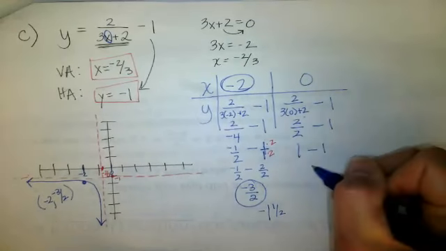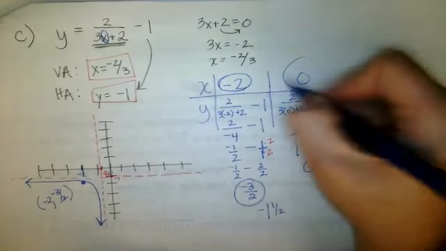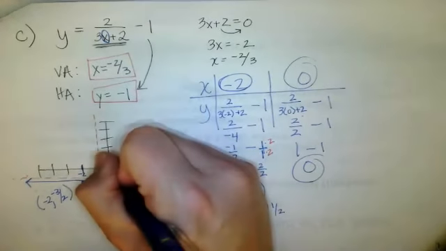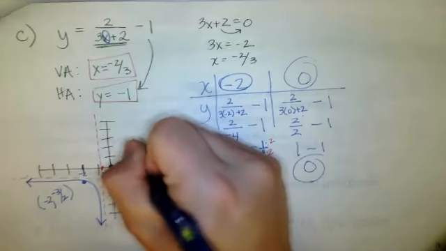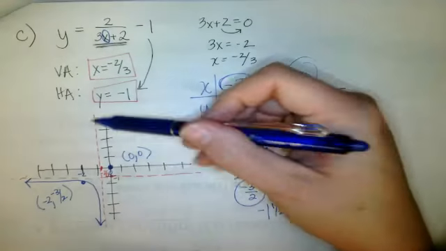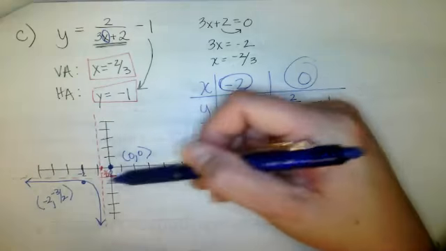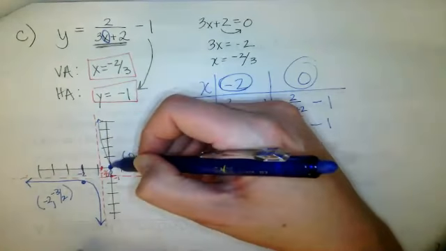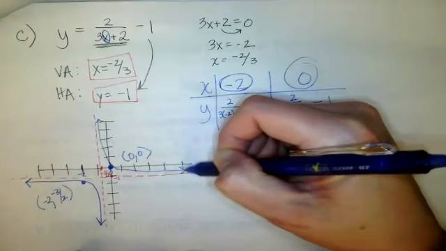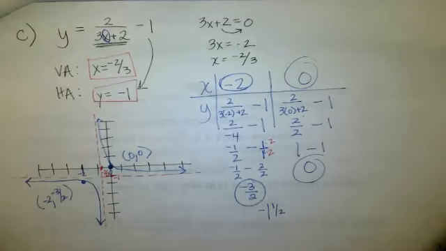Minus 1? 0. So we have the ordered pair 0, 0. That's a great point on a graph. And again, we have our boundary lines, and now we just need to run the fences. Can't cross those.